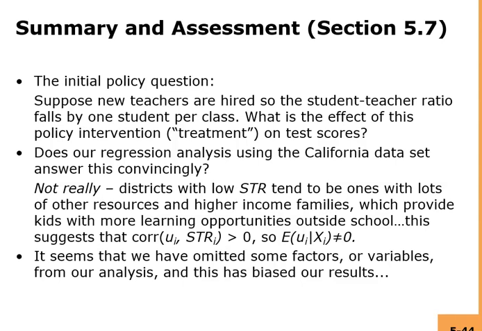There might be 1,000 other variables which can impact the test scores of students. So unless we also control for those variables, we will not get an accurate measure of beta 1 hat, which is the effect of student-teacher ratio on the test scores of students.